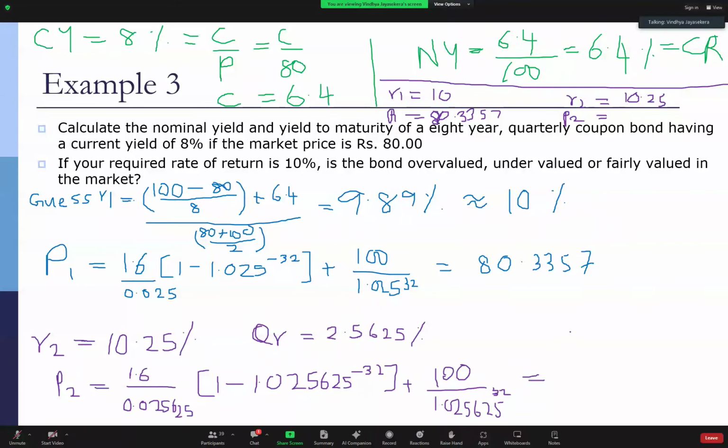So how much is P2? Is it 79.1538? Great. 79.1538. Right.